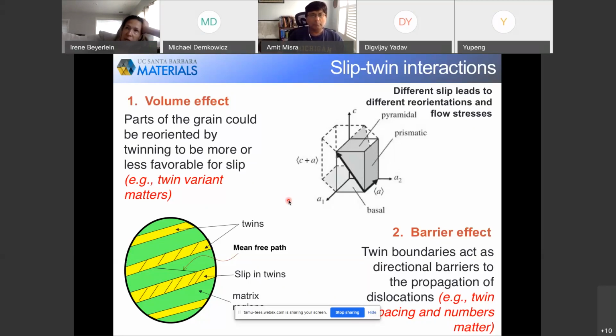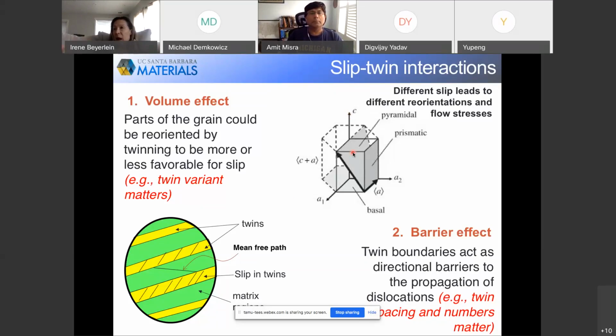In the examples that I gave earlier, there was a sheet material, and that sheet material had a strong texture, which meant that most of the grains were oriented such that their c-axes, or this c-axis here, lay through the thickness of the sheet. So one can then imagine how I could apply a load that would cause most of those crystals to either extend along the c-axis or contract along the c-axis.